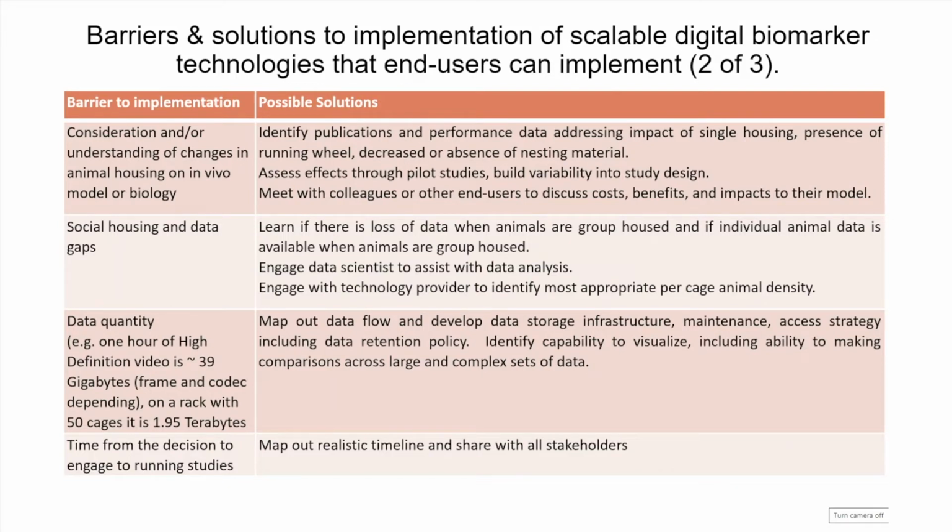If the technology is such that it gives you a readout on the cage level, which scenario, single housing versus social housing, is the most valuable for your model, and how do you appropriately weigh that with the ethical considerations, where we know that in general, social housing is probably one of the most important things that we do for our animals.